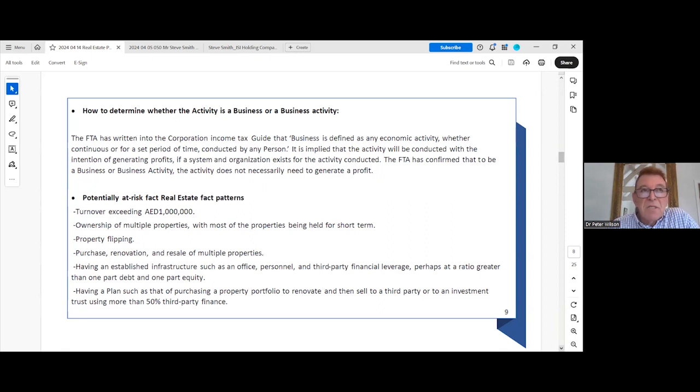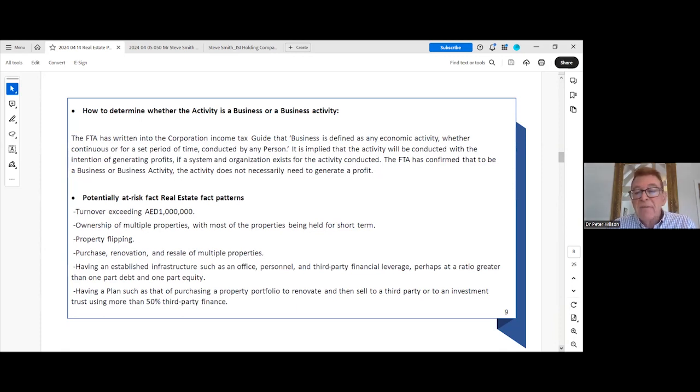So it's got to be an economic activity, and it has to be continuous or for a set period of time. So continuous means ongoing. So it can't be for a short period. And it's implied in all this that the activity has got to be conducted with the intention of generating a profit. And it's also contended that there's got to be a system and an organisation that needs to exist for the activity to be conducted.